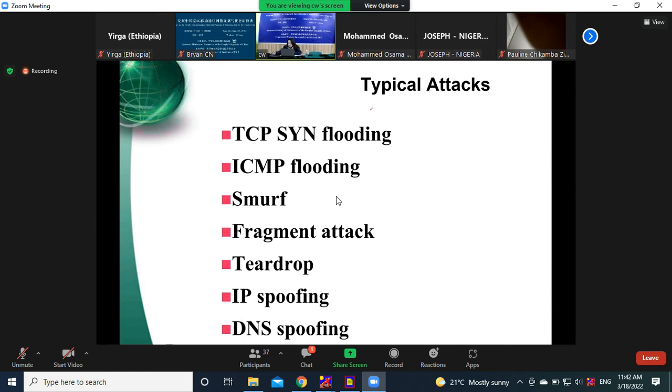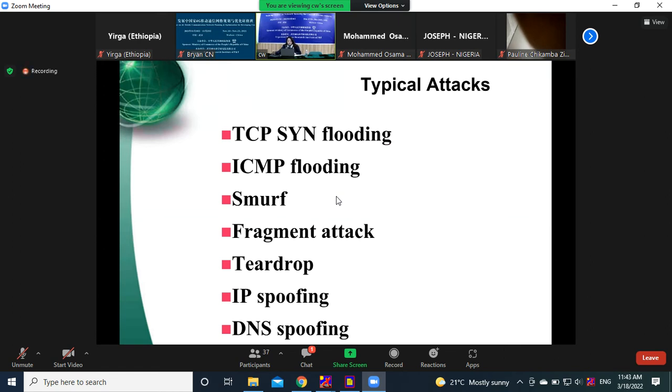The system sometimes cannot supply some services. Okay, these are some typical attacks. After this, if you have some questions or interest in this, we can discuss with each other.